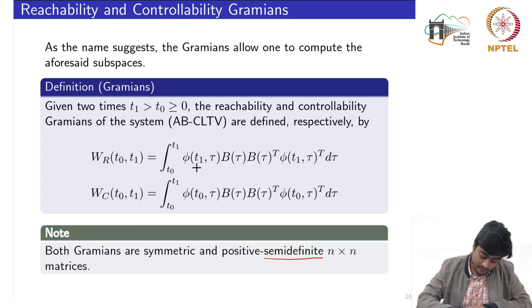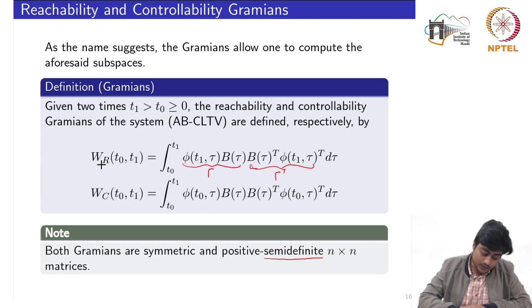Now it is straightforward to see that if I denote this complete thing by a matrix, big gamma, then this part is nothing but gamma transpose, the transpose of gamma. Similarly for the controllability gramian.